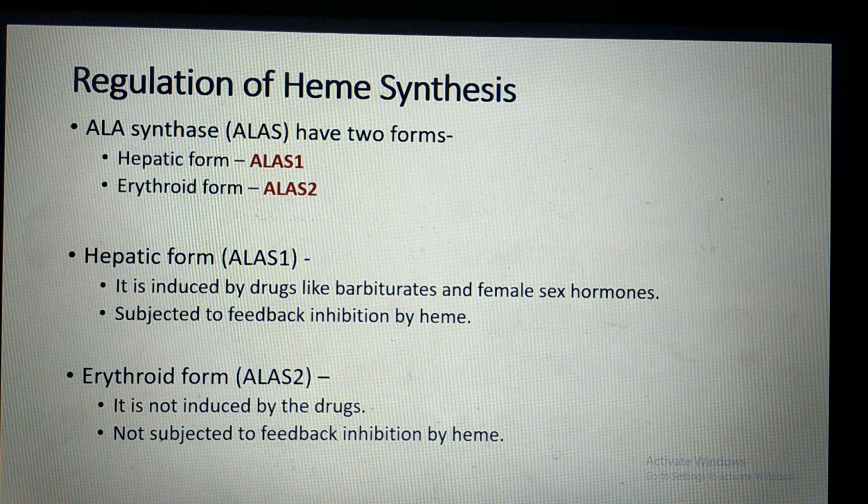Whereas the erythroid form, ALA synthase 2, is not induced by any drug and is not subjected to feedback inhibition by heme. So this is the difference between the hepatic and erythroid forms.